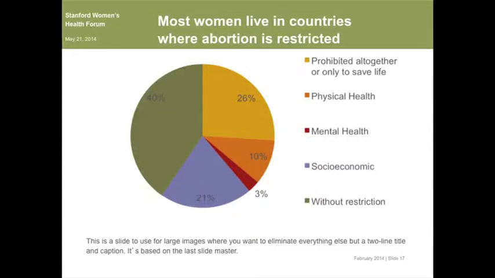So this is just a quick snapshot to give us a sense of what the legal structure around abortion is in various countries around the world. So the majority of women in the world live in countries where abortion is restricted. And this 40% of the pie that represents countries without restrictions indeed includes countries like the United States of America, simply because in the US you do not have to give a reason for seeking an abortion.